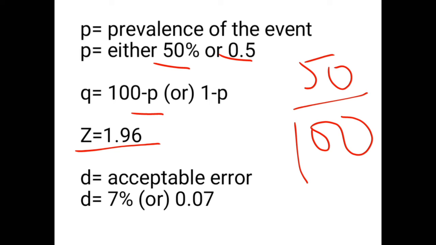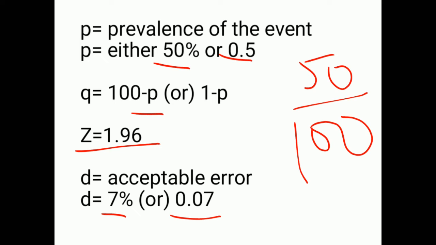D is the acceptable error. How much error can happen during the research? Sometimes we will consider 7%, sometimes 8%. If you are taking it in percentage, we take 7%, and if you are taking it in decimals, we divide it by 100 and it will come as 0.07.